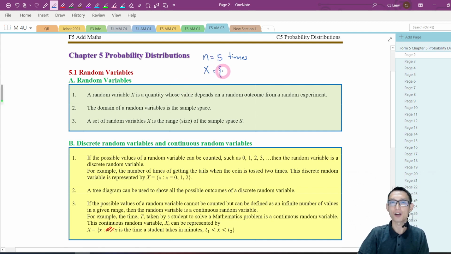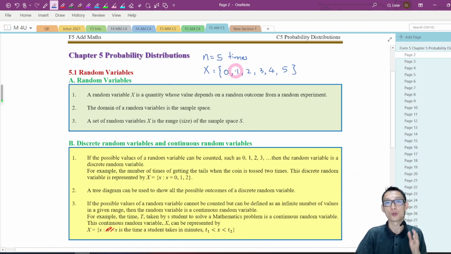So what is a possible random variable? It can be 0 time, it can be 1 time, 2 time, 3 time, 4 time, and maximum the number of time will be 5 times. Why? Because you just toss it for 5 times. So do you notice that I counted it just now? 1, 2, 3, 4, 5, and definitely it can be 0 as well.